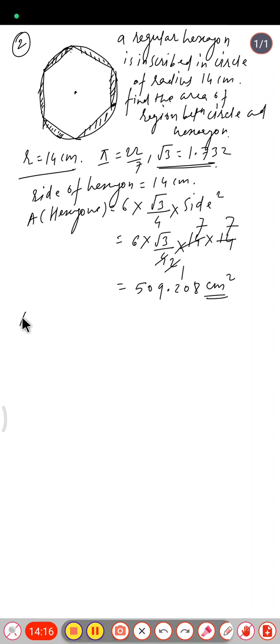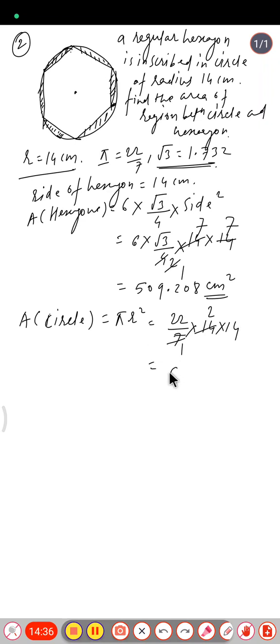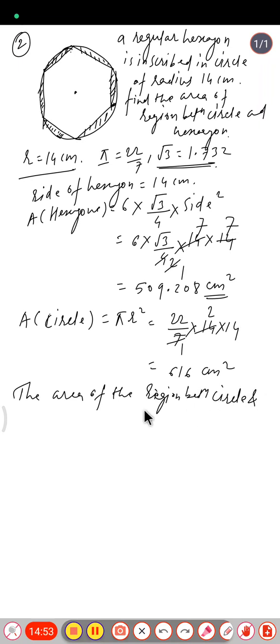After that we have to find the area of the circle, which is pi r square. The value of pi is 22/7, radius is 14, 7 1s are 7, 7 2s are 14. Clear? After solving this we get the value in centimeter square. Now we have to find the area of the region between the circle and the hexagon.